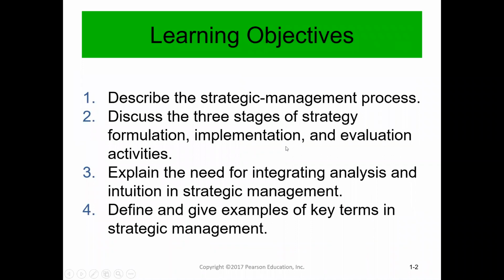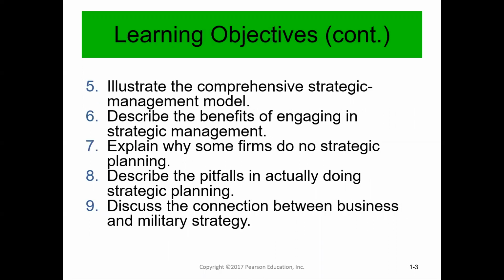Okay, we have the objectives. First is to describe the strategic management process, and discuss the 3 stages of strategy: the formulation, implementation, and evaluation activities. Explain the need for integrating analysis and intuition in strategic management. And fourth is to define and give examples of key terms in strategic management.